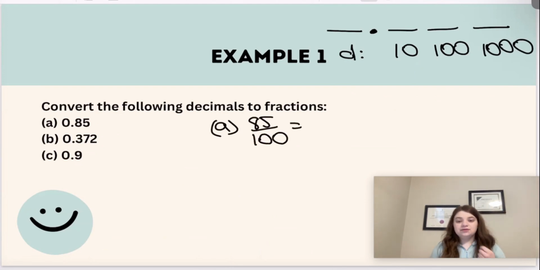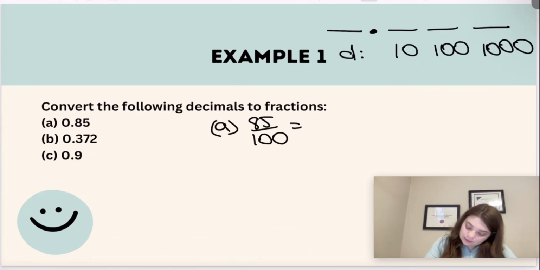Now, can that be reduced? Yes, it can. And how do we know? If there is a common factor between the numerator and denominator that is not 1, that means the fraction can be reduced further. In this case, I notice both of these are divisible by 5. The way I know that is because 85 ends in 5 and 100 ends in 0. And recall from the divisibility rules video that any number that ends in 5 or 0 is divisible by 5.